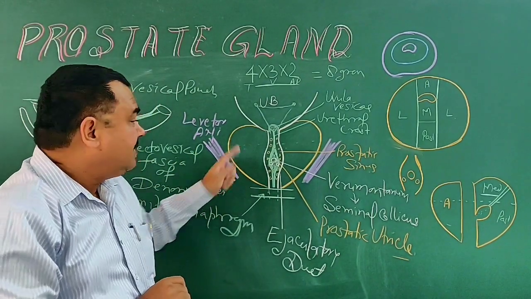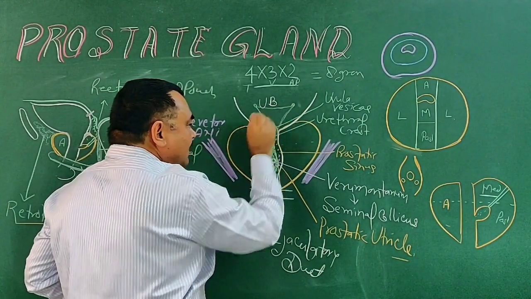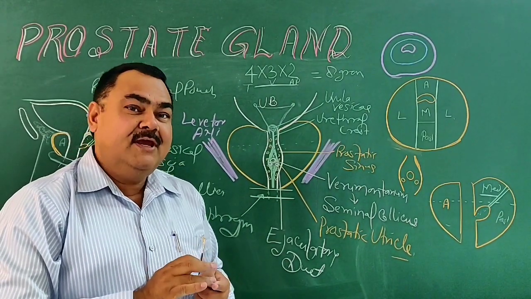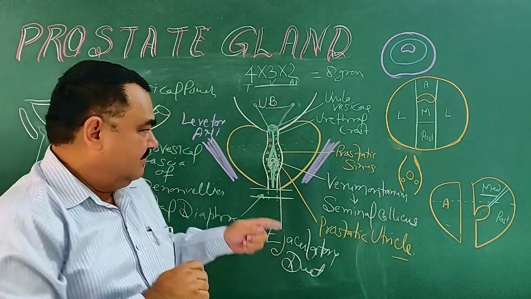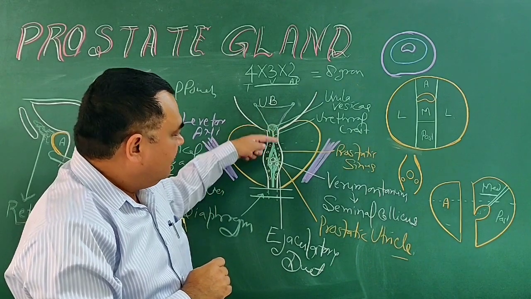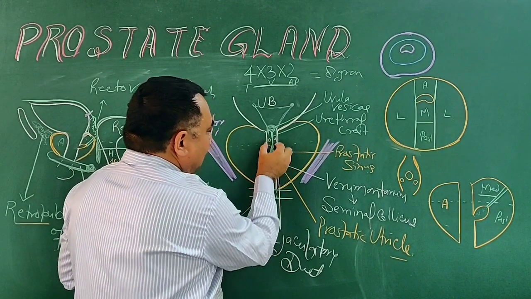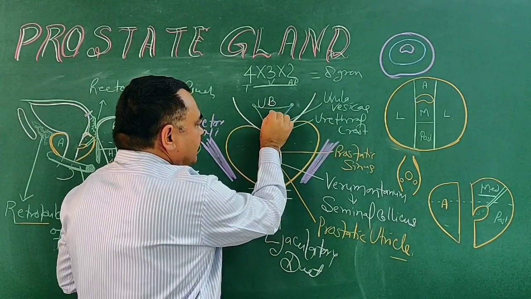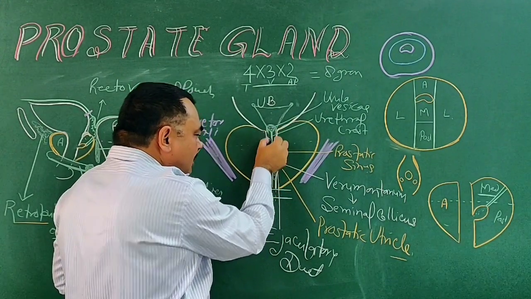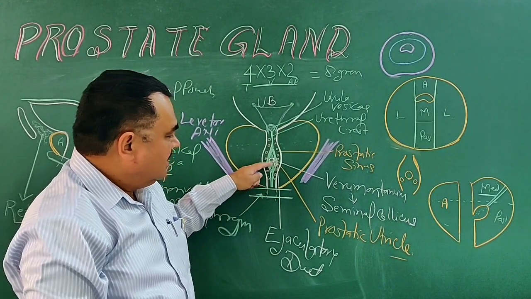from the mesonephric duct. As you know, the trigone develops from absorption of the mesonephric duct, which develops from the intermediate mesoderm. So the mesonephric duct absorbs from here to here. So it forms the trigone of the bladder and also the posterior wall of the prostatic urethra above this ejaculatory duct.